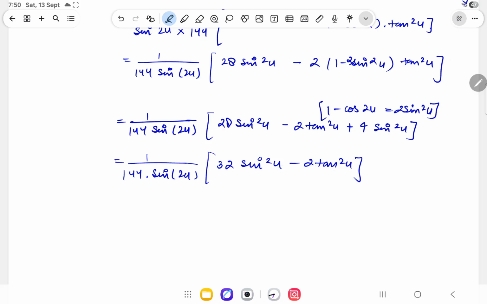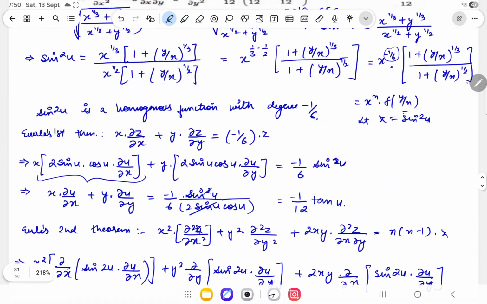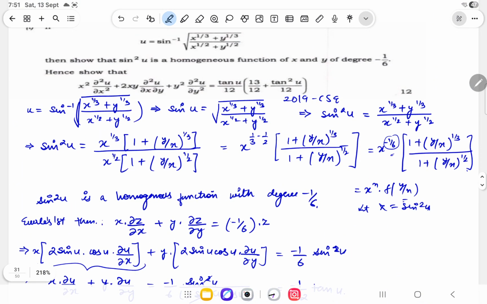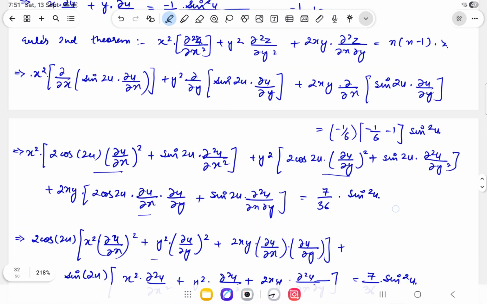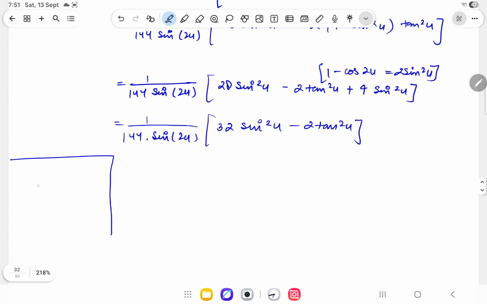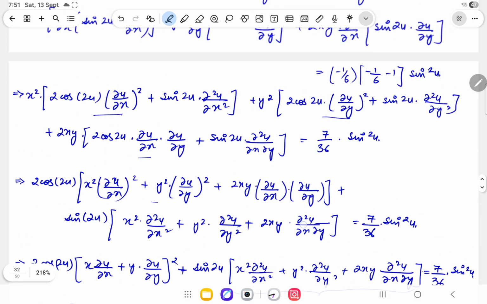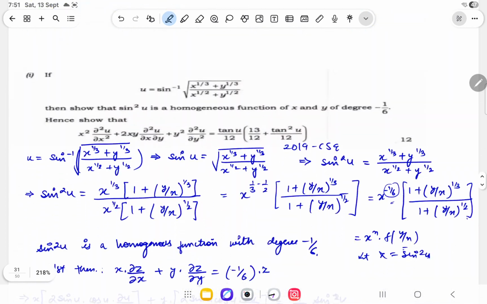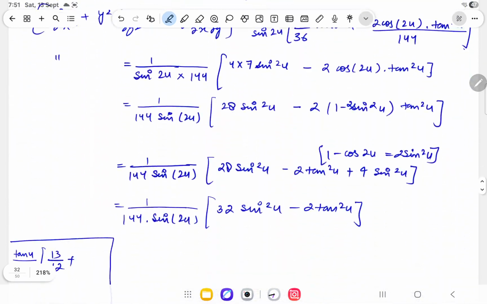And what we're supposed to prove on right hand side is 10u divided by 12. We claim that this thing will be equals to 10u divided by 12, 13 by 12 plus 10 square u by 12.